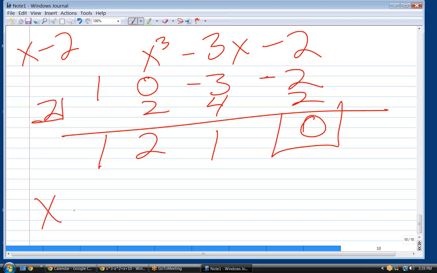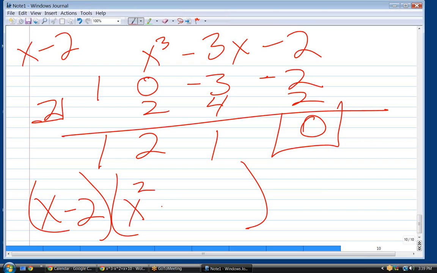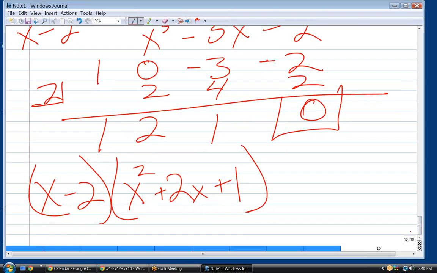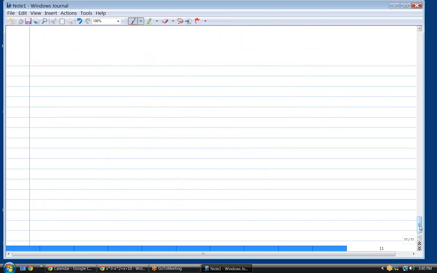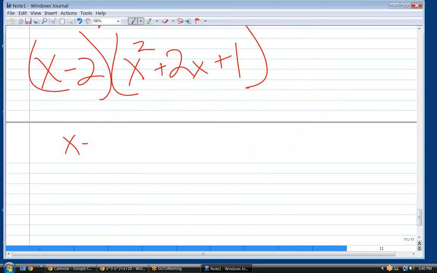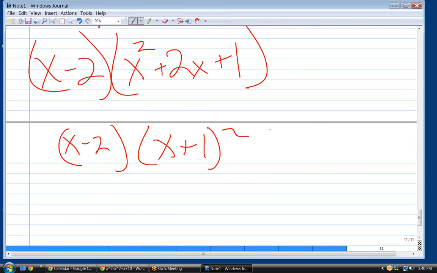Okay, so our summary is x minus 2 times the x squared plus 2x plus 1. That's it. Now, factor that fully. That's x minus 2, x plus 1 squared.